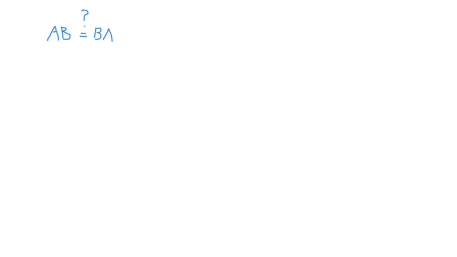Do you think A times B equals B times A? Okay, Abby doesn't think so. I mean, if we have scalars, we know 2 times 3 equals 3 times 2. So for scalars, we have no problem with that. But for matrices, is this true in general?